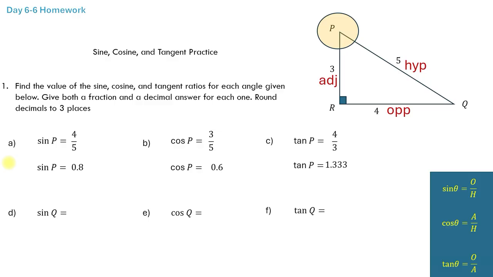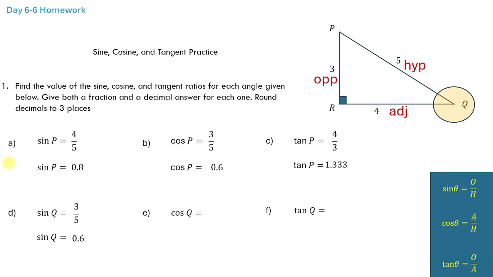Now, for questions D, E, and F, they all deal with angle Q as the reference angle. So we'll mark the reference angle here, and this changes the labels, which you can see in the diagram now. So the sine of angle Q, opposite over hypotenuse, becomes 3/5.